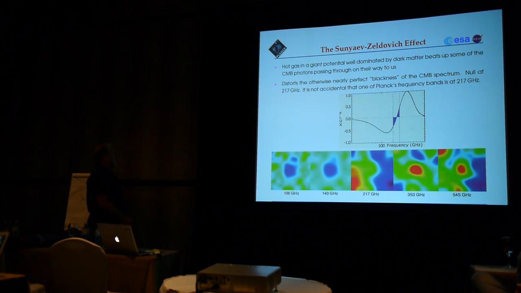Now Planck goes so high in frequency that of course it goes to the other side, and in fact it was designed to address this issue by a spread of detectors such that one of them sits at 217 gigahertz where the zero point for this spectral shift occurs, and some of them operate below to see the decrement, and some operate above to see the increase in temperature of photons coming through the cluster. An example on a particular cluster is shown here. So clearly at 100 and 143 gigahertz, there is a cold spot detection matched by hot spot detection on the high frequency side with nothing in between.